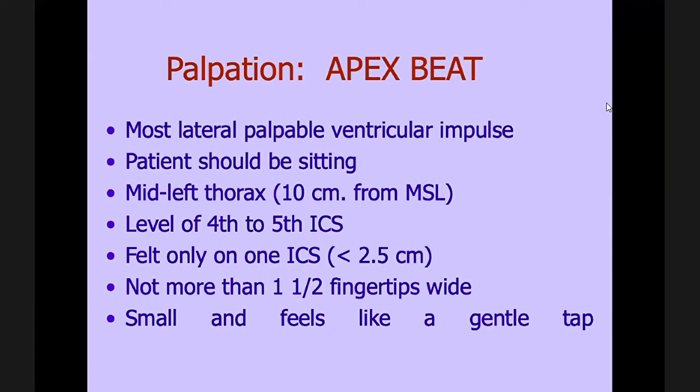So mid left thorax at the level of 4th to 5th ICS. This is felt on one intercostal space that is less than 2.5 cm. So it's not more than 1.5 fingertips wide. It is small and feels like a gentle tap. So that is the characteristic of your apex beat, huh?